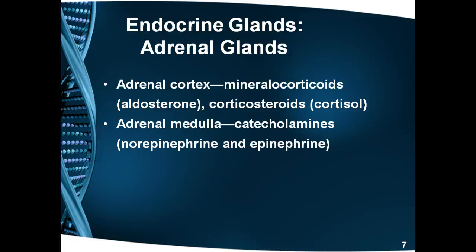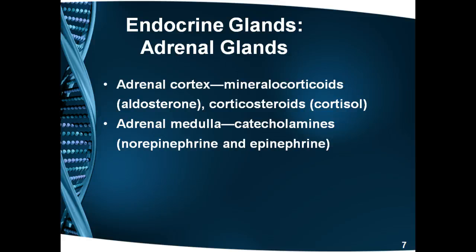The adrenal medulla works with catecholamines, which basically are the norepinephrine and the epinephrine. So you need to be able to distinguish the difference. The adrenal cortex basically has two types of things that they work with, which are mineral corticoids.